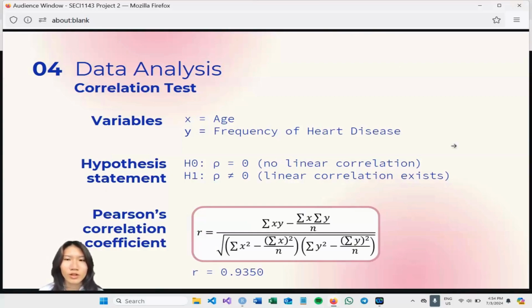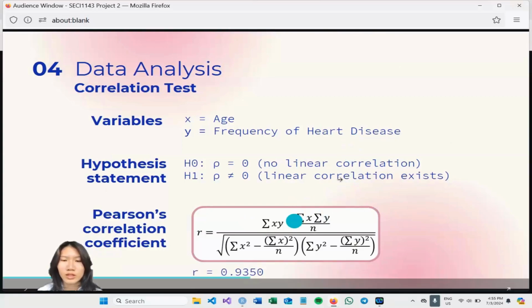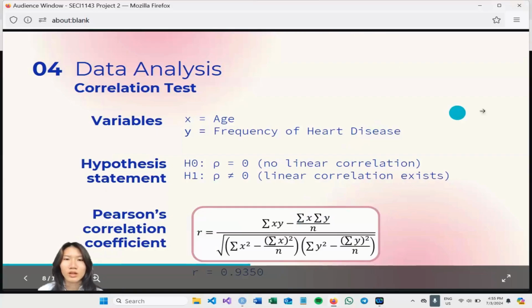Since both age and frequency of heart disease are of ratio data type, we can apply Pearson's correlation coefficient, and this is the formula here. By using R programming, we obtain the value of R, which is equal to 0.9350.